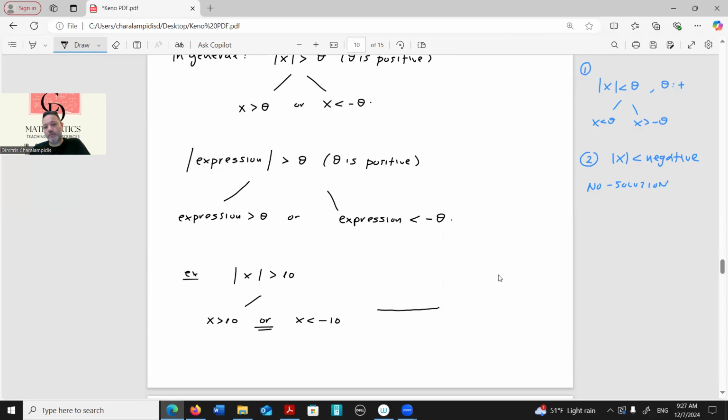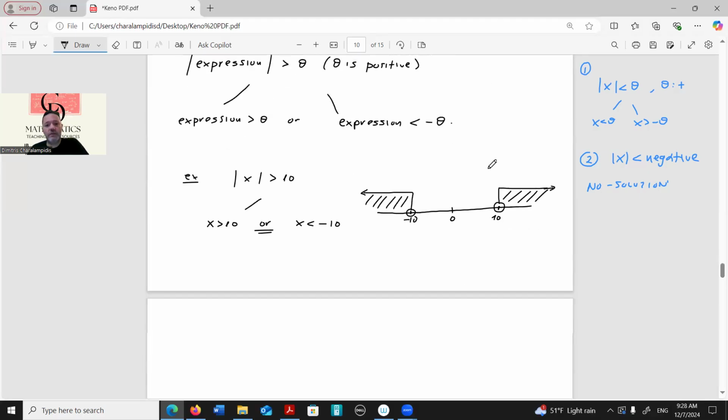Of course, remember that we should present all that on a number line. 10 would be here. Since we don't want that to be equal, the circle would be empty. 10 to the right means this. -10 to the left would mean this. This is the visualization of my solutions.